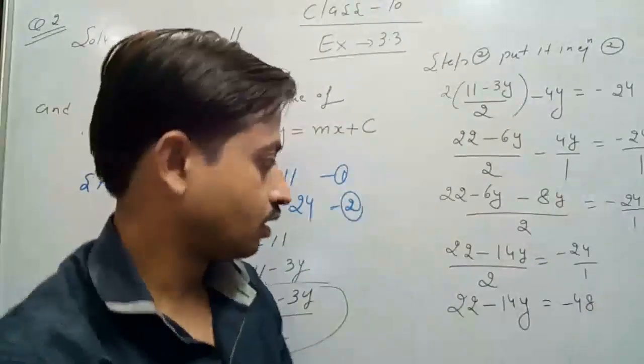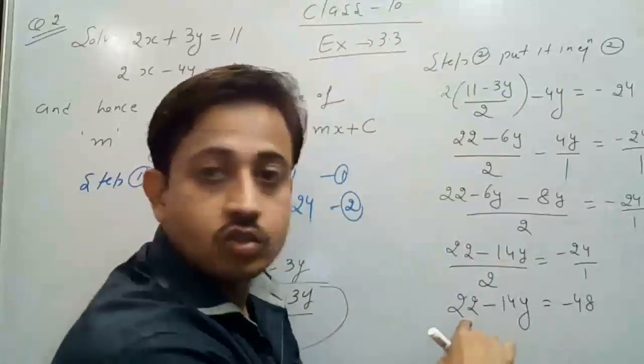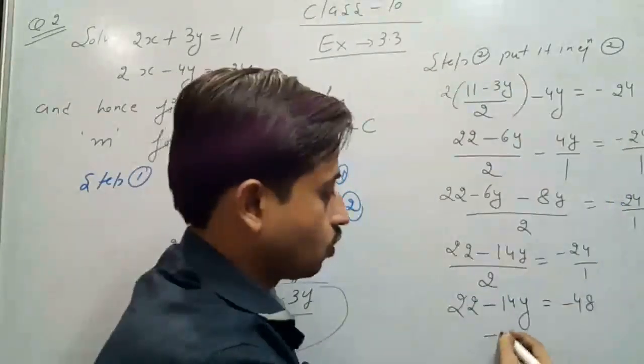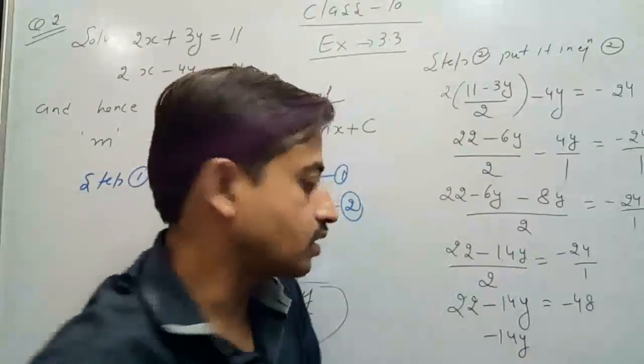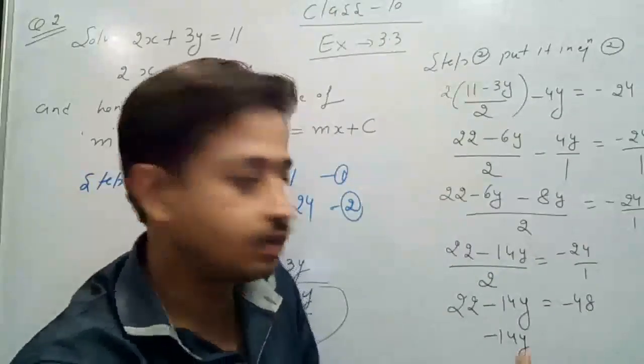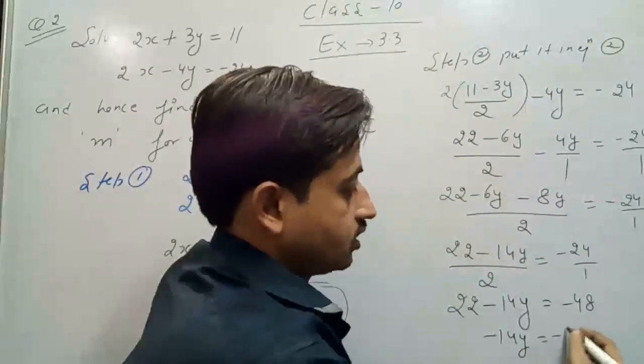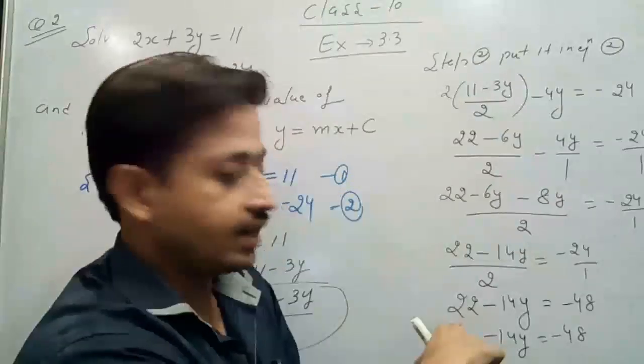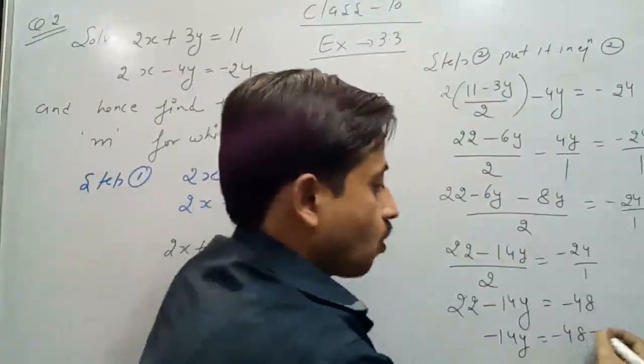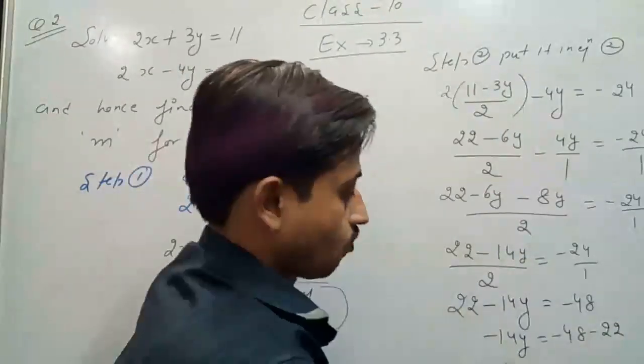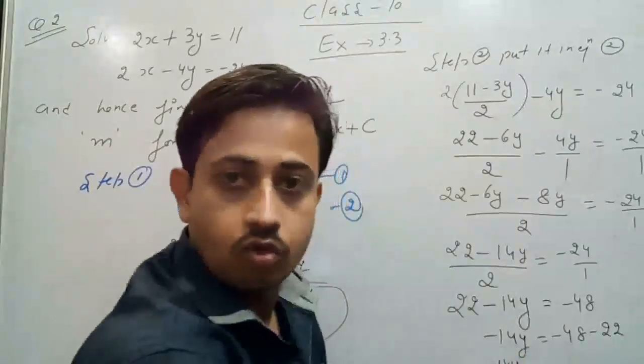Now I take this 22 to the right hand side, so on the left hand side only minus 14y remains. On the right hand side it becomes minus 22, so minus 14y is equal to minus 48 minus 22.